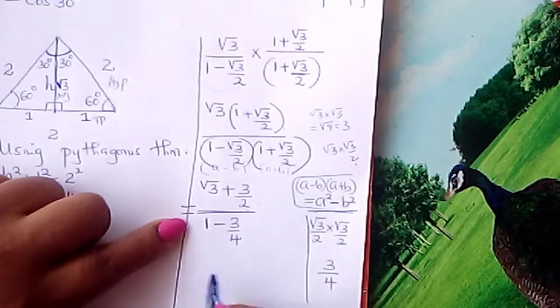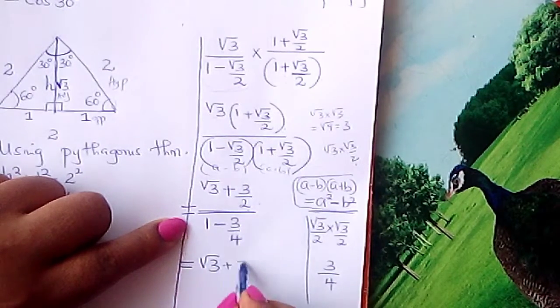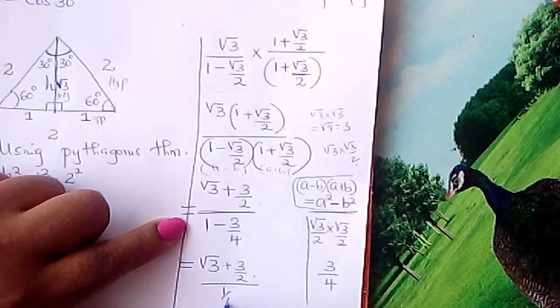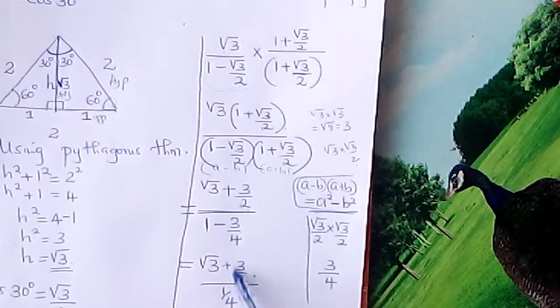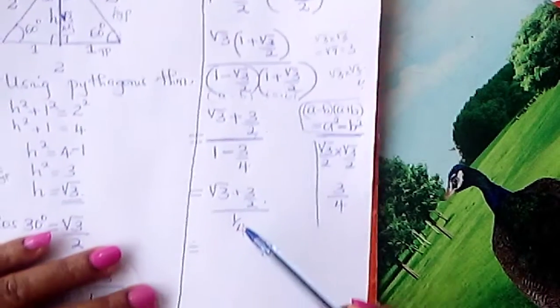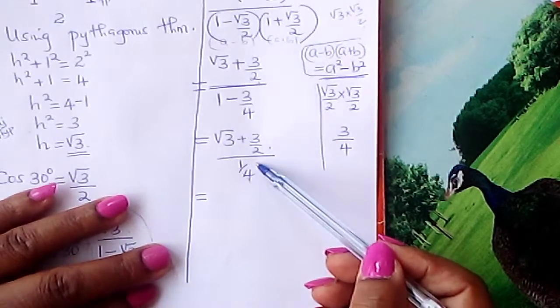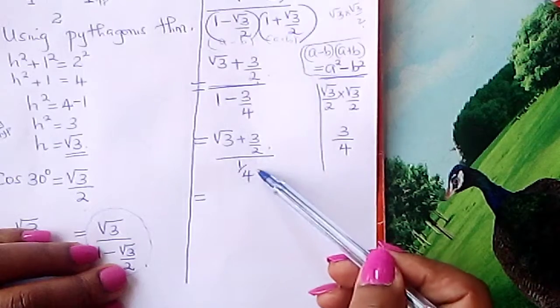From there, learner, we come and say this is equal to what? Root 3 plus 3 over 2 divided by this minus this, which gives us a quarter. From there, learner, we divide this. Dividing the numerator by the fraction here is the same as writing this and multiplying by the reciprocal.